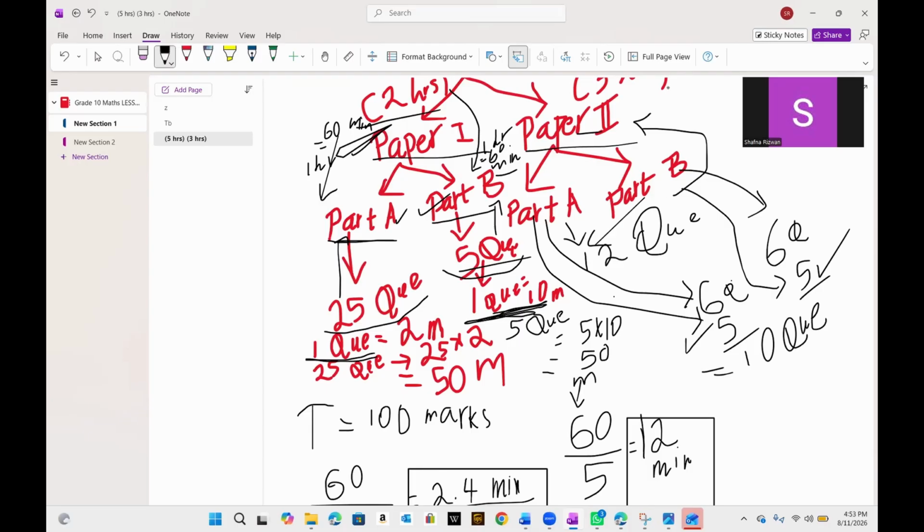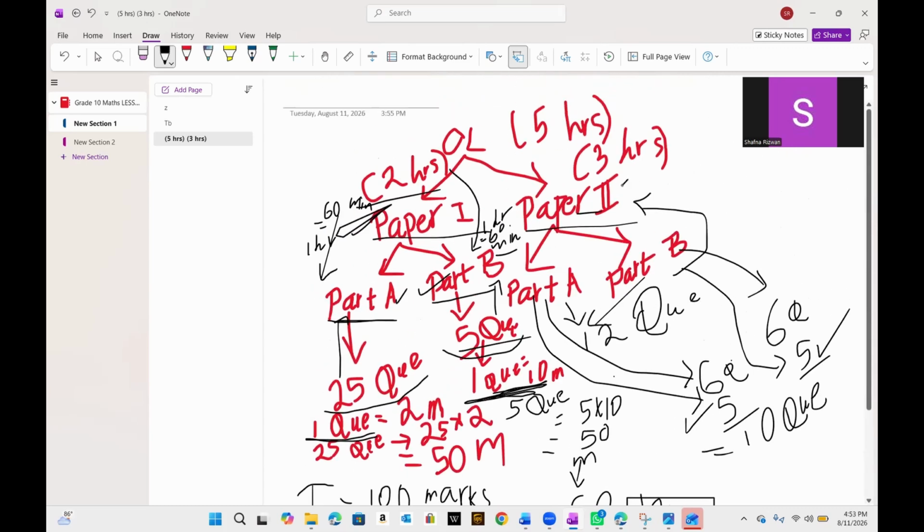And when it comes to time management, let's go to the marks. In paper 2, for one question, the marks allocated would be how much?